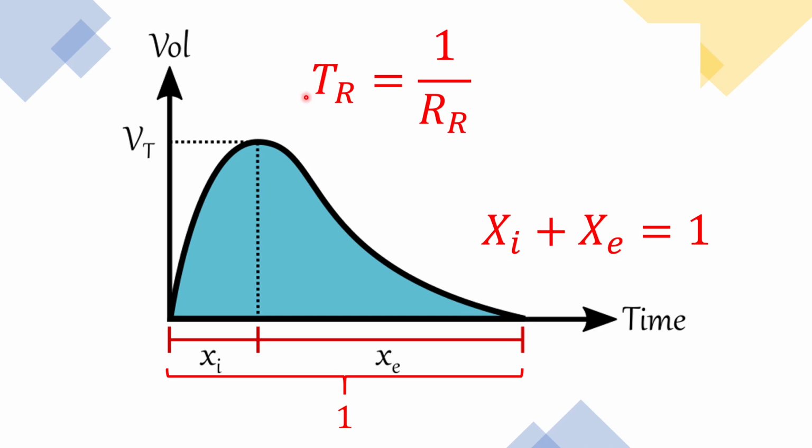And then we know that the time of one respiration cycle is just 1 over the respiratory rate. So if someone's breathing 20 times per minute, then one cycle is 1 over 20, which is 0.05 of a minute, which makes sense.